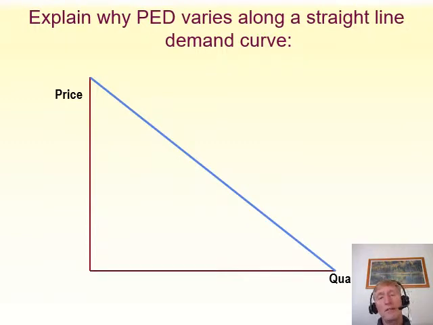Now, interestingly enough, though we said all of that about what these shapes look like, in fact, any straight line PED curve actually varies in PED value along the whole curve.